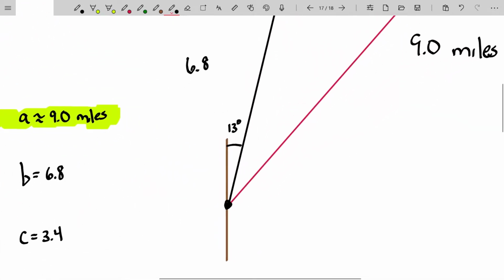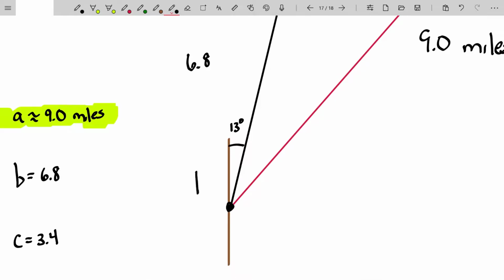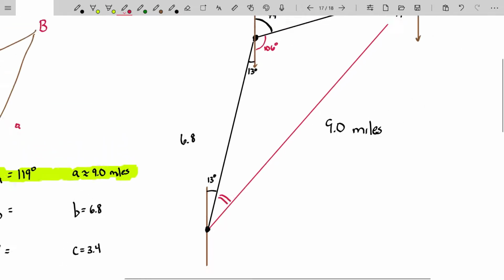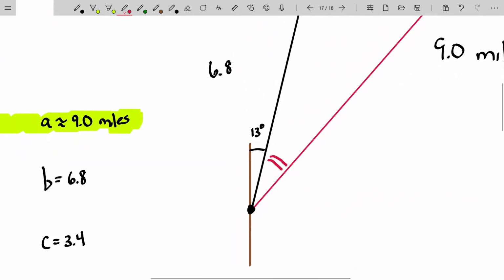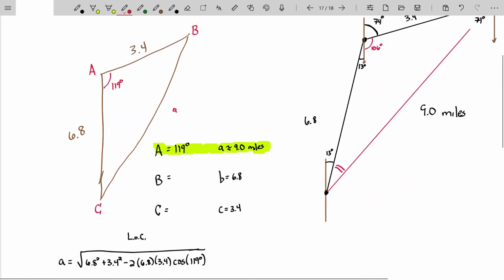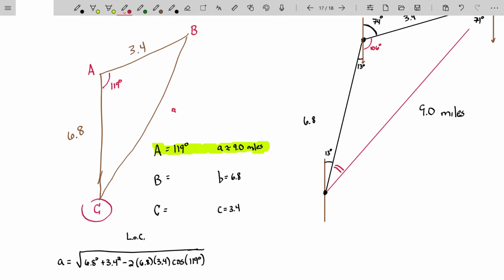Yeah, Alice. To get back to the lodge, Alice will face north and turn through 13 plus some angle to face the direction of the lodge. So we need to find that plus some angle, and that plus some angle is angle C here. So we want to find this missing angle C.